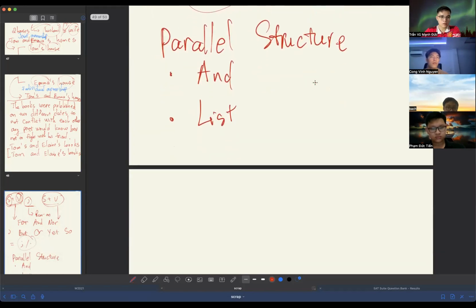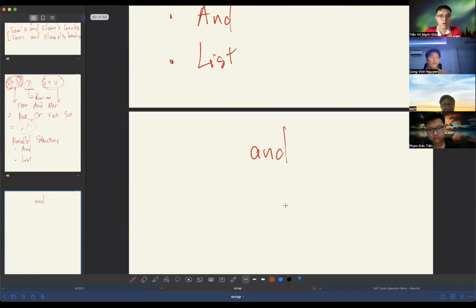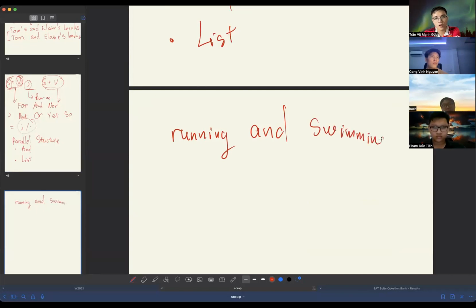Let's use and as an example, because it's way easier to visualize. Before it, running, and swimming. This is how we ensure the parallelism.